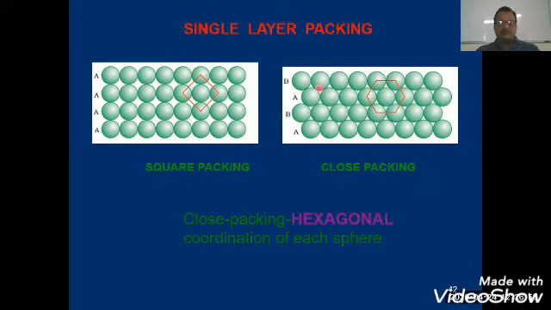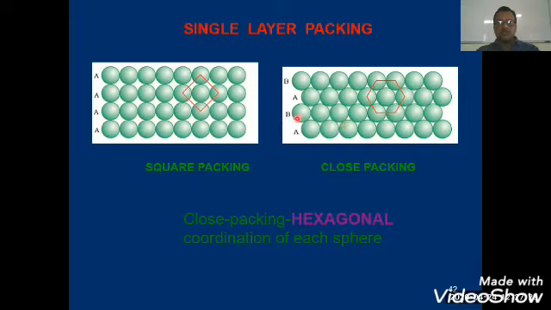Now let us go to the figure on the right hand side. Here what you observe, this is the first layer of atoms, and the second layer of atoms is not at the top of the first layer. So these are the atoms of the second layer. This atom is not at the top of either this atom or this atom. This atom is not at the top of either this atom or this atom.